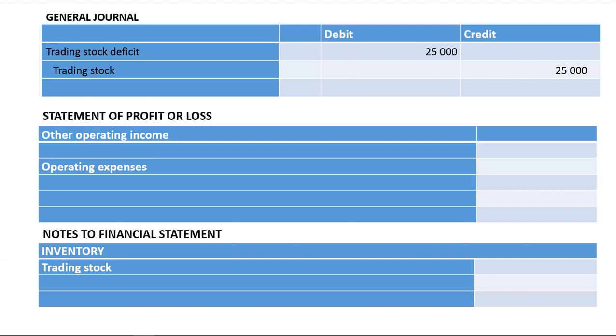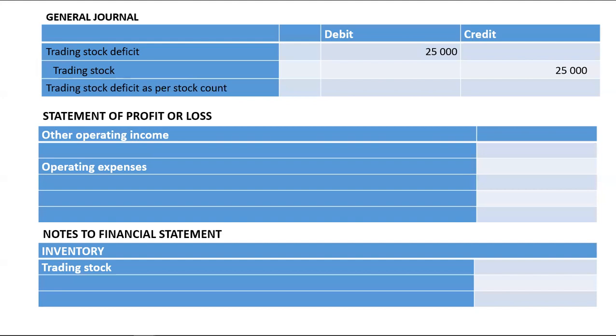That's why I'm simply processing this general entry and hence I'm crediting trading stock. I'm reducing that 800,000. By doing this process, my trading stock in our books is no longer sitting at 800,000. It is now being brought down to 775,000.